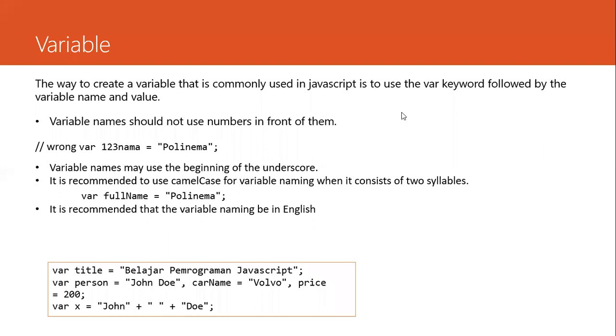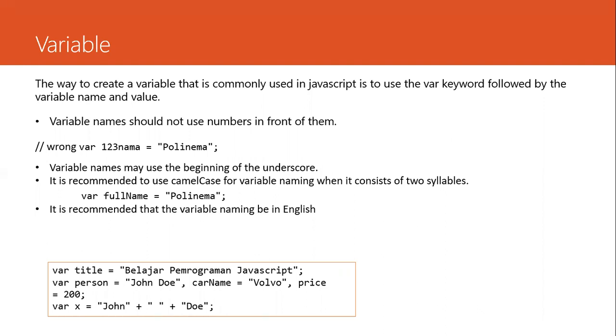A variable is like what you have learned in other programming languages, or in logic programming. Usually we can save a value in the program using a variable. If we have data or a value we want to save, we must use a variable first.